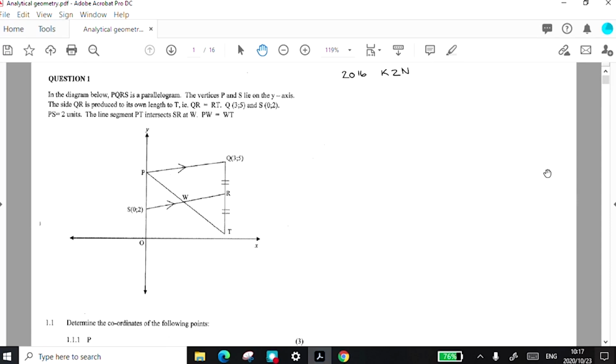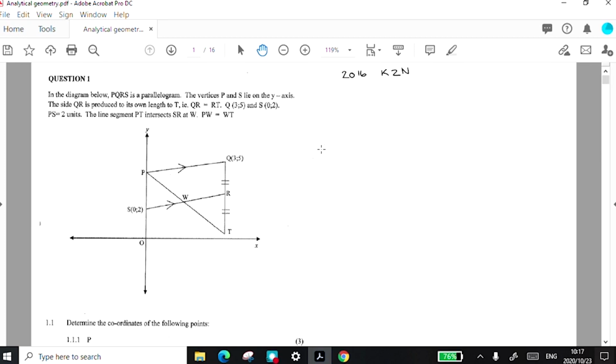For this session, we'll be looking at question number 3 and 4 of paper 2. Number 3 and 4 is usually analytical geometry. This paper is taken from the 2016 UKZN paper.